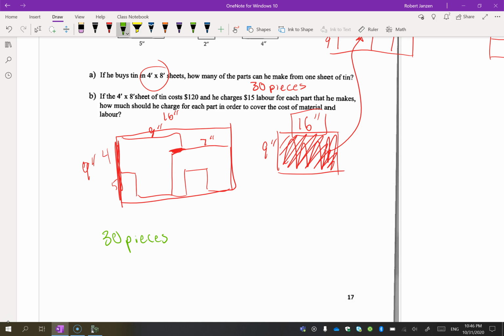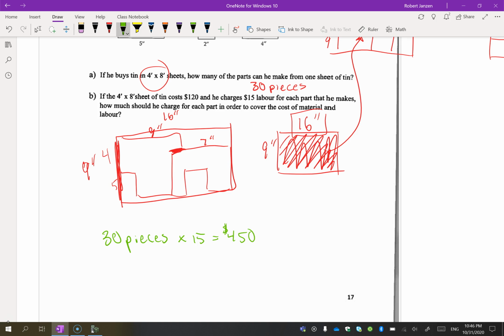Okay, and he can charge $15 labor for each part that he makes. So we're going to go times 15. So he can make $450. All right, but it costs $120. Wait, let me make sure that's right. How much should he charge for each part in order to cover the cost of material and labor?